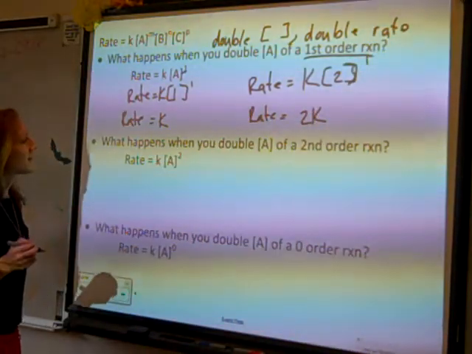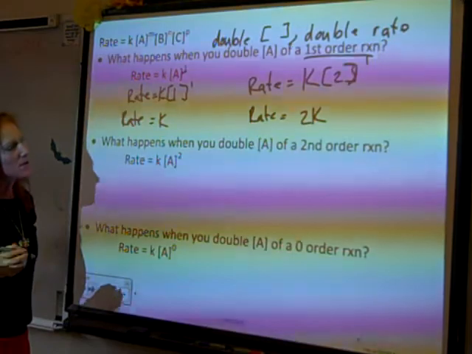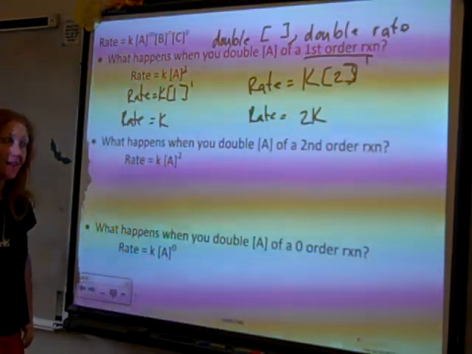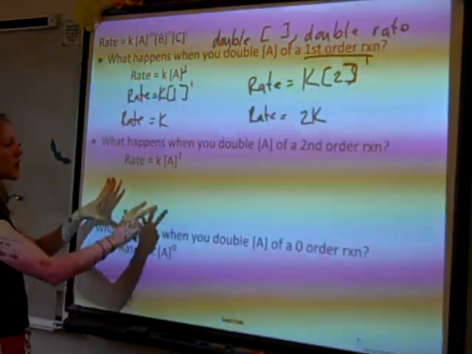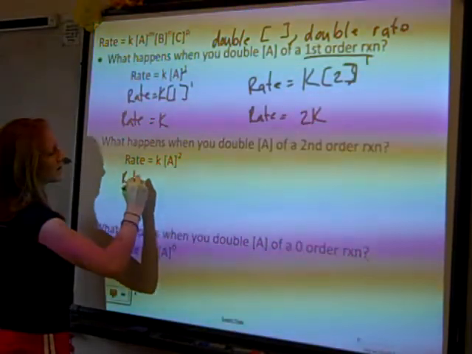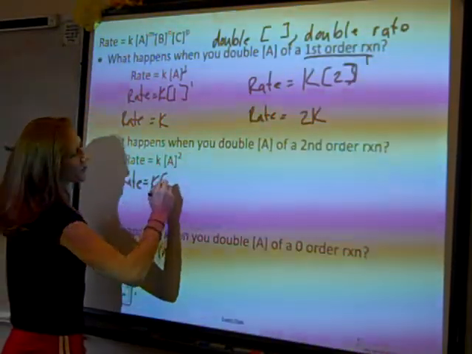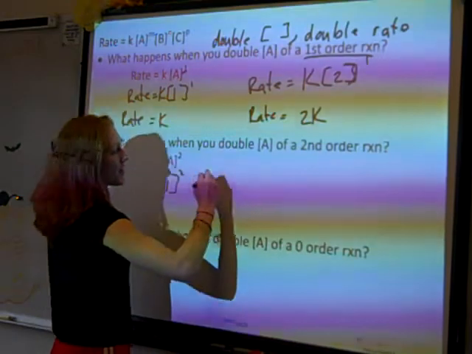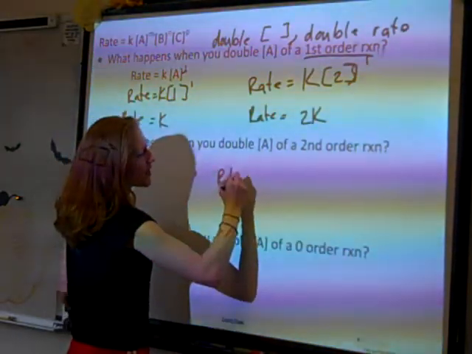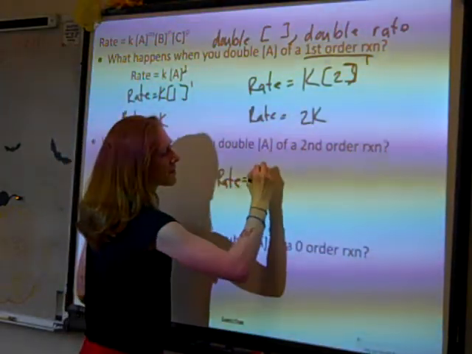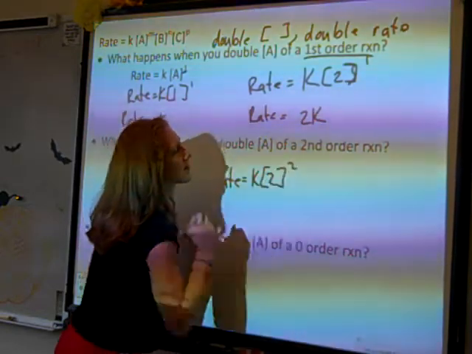Okay, then next we have what happens if you double the concentration of A in a second order. Same thing, I'm going to try calculating the rate when the concentration is 1, but now it's a second order, and then when I double that concentration, still being second order.